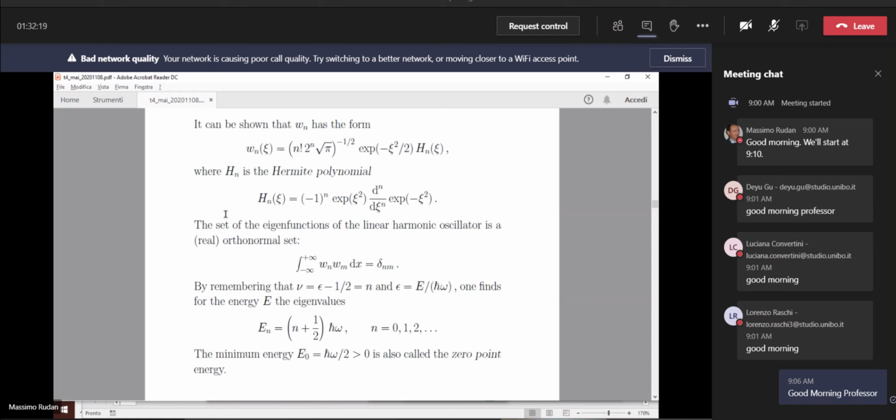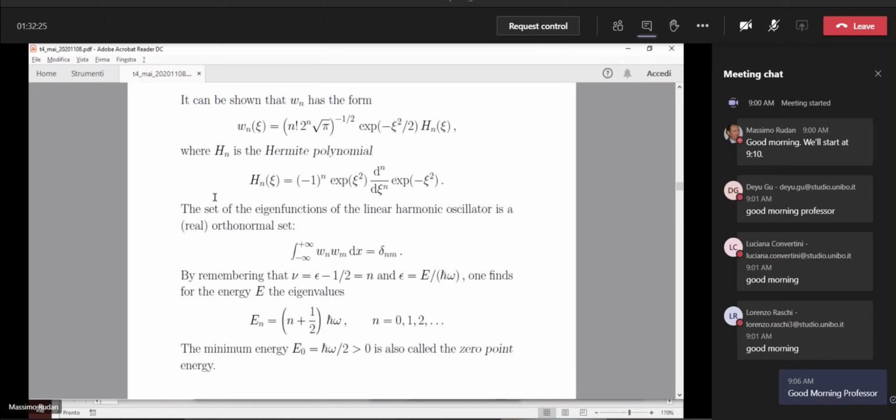And this is the case because the potential energy is a parabola that goes up to infinity, so the linear harmonic oscillator has a potential energy that is like a box, but a box in which the sides, instead of being straight, are those of a parabola. The wave function is confined inside the limited region of space, and it decays at plus infinity or minus infinity, so it is normalizable.